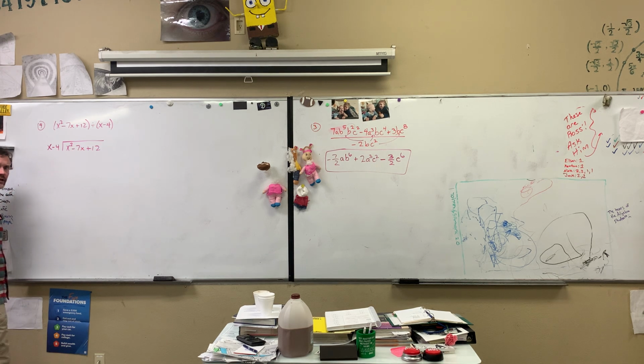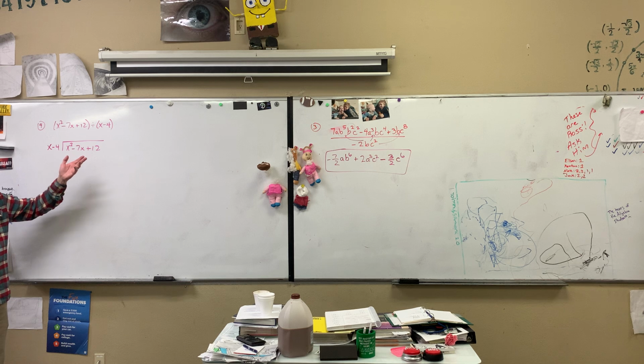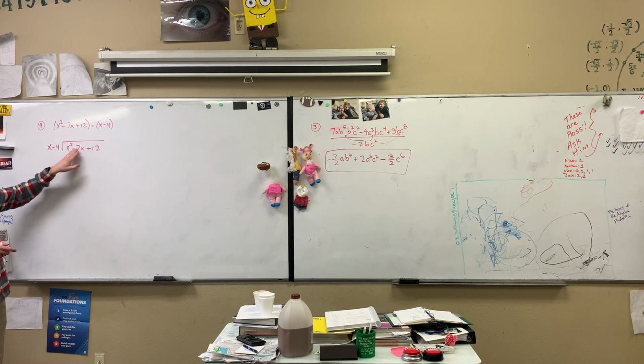It's really important when you set it up, and they've already had it set up for you, that it is in standard form: x and then the constant in the divisor, and x squared, then the other terms, in the dividend. Standard format in the divisor, standard format in the dividend.